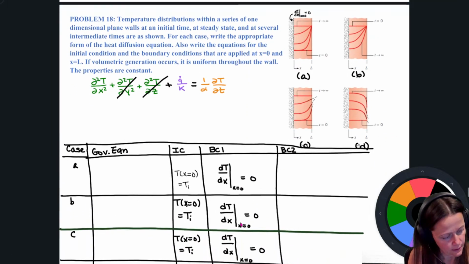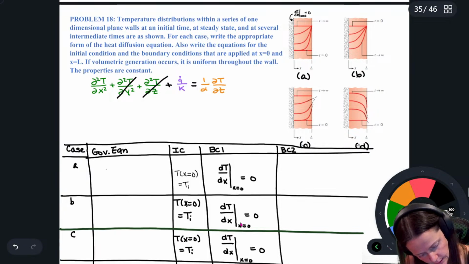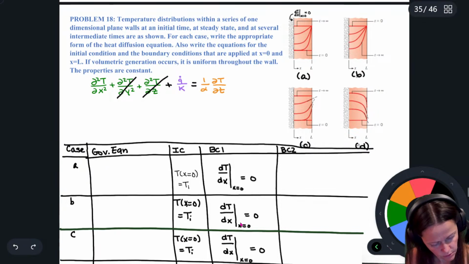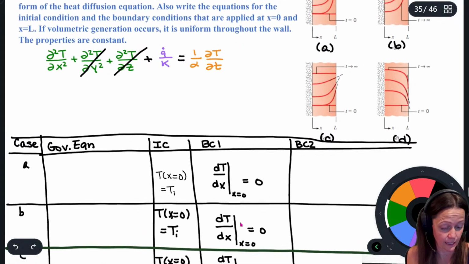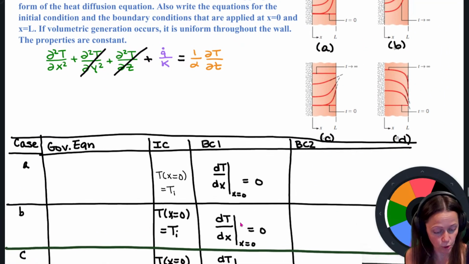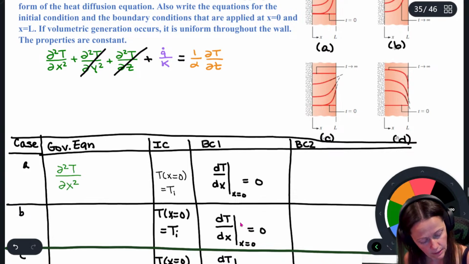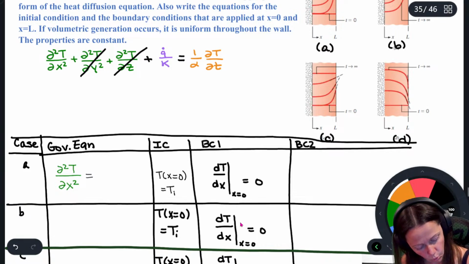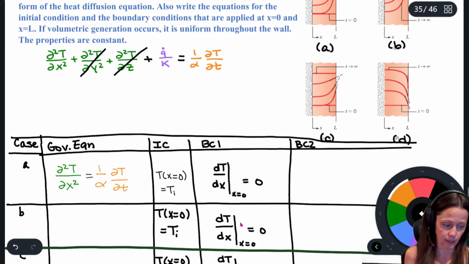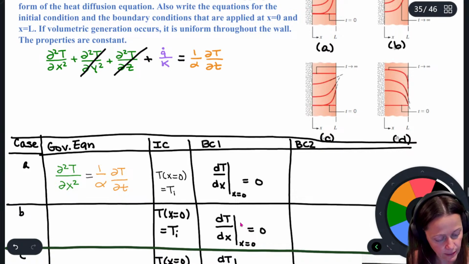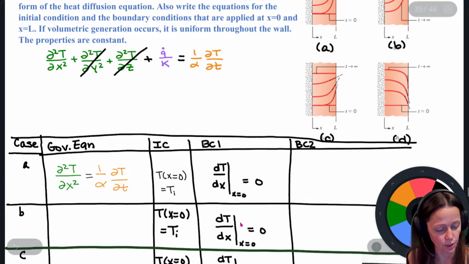Now I've got my governing equation as well, because in this first case, there's no q dot going on. So my governing equation is the second derivative of temperature with respect to x is equal to 1 over thermal diffusivity times the first derivative with respect to time. And of course, I do have a convective boundary condition going on.